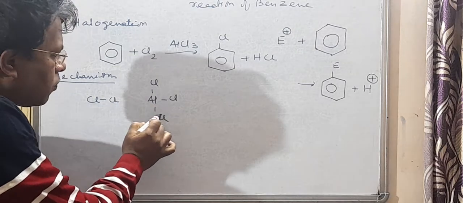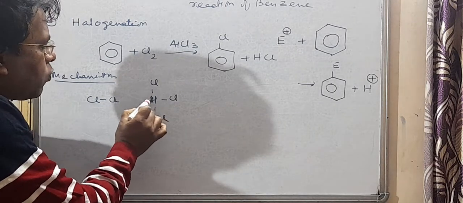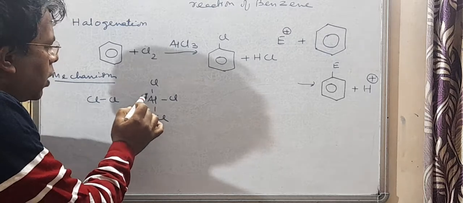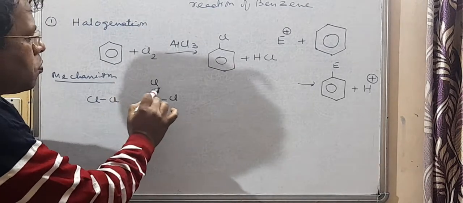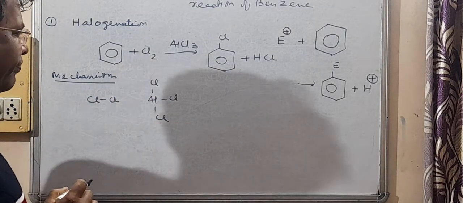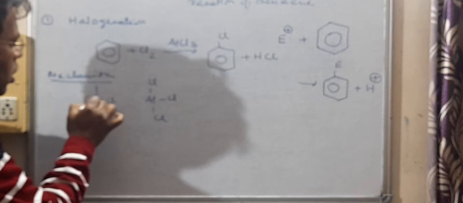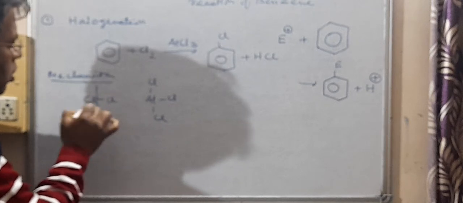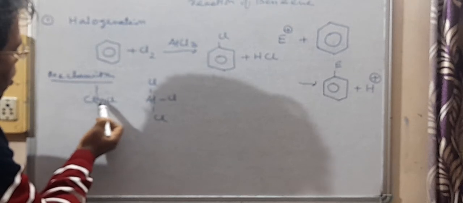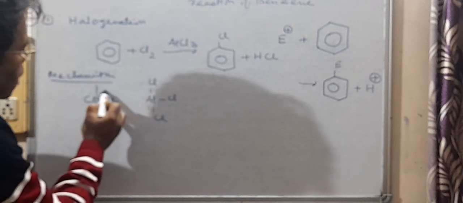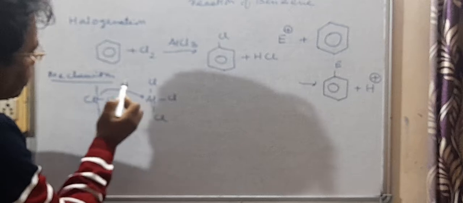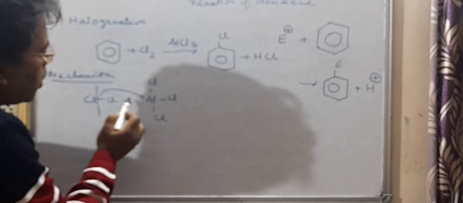Aluminum has 6 electrons, so it will have a tendency to take another pair of electrons to make it an octet. Because of this tendency, this chlorine molecule will undergo heterolytic fission, and this Cl with the pair of electrons will get attached here.